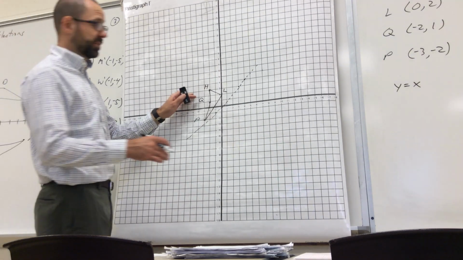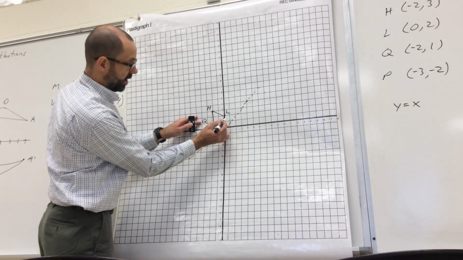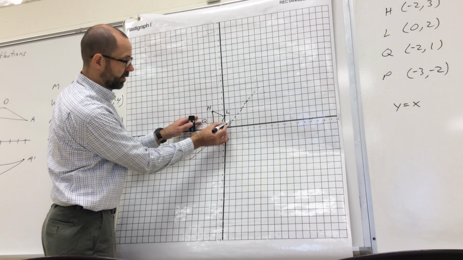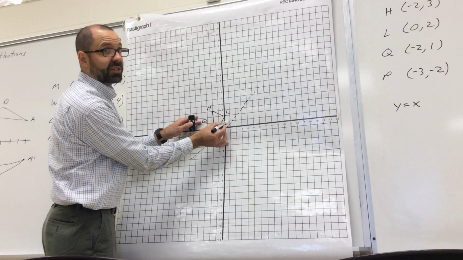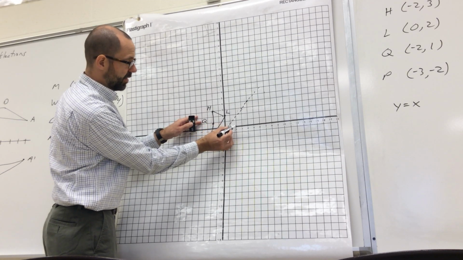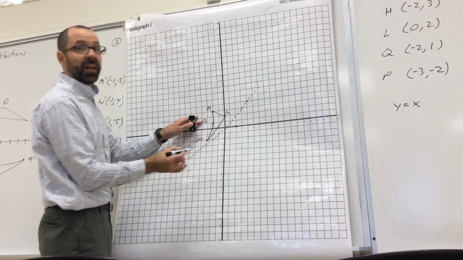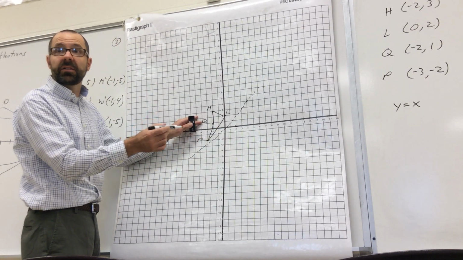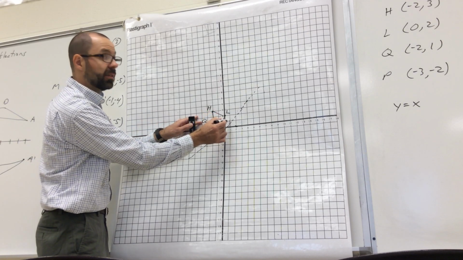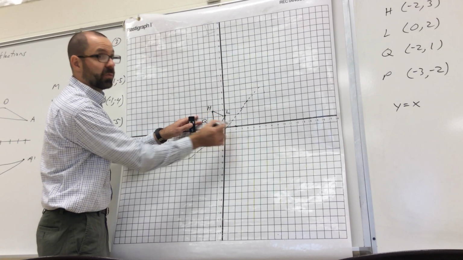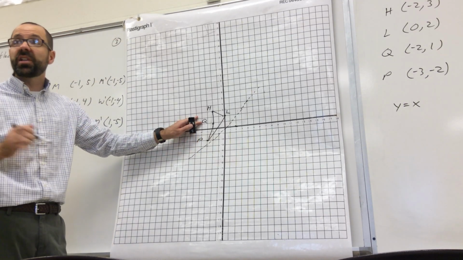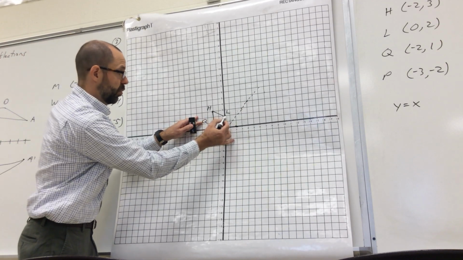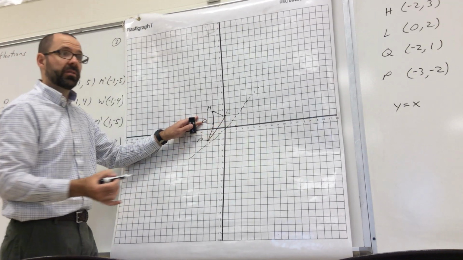Okay, so we have to count to see where we go. So here's L, and it's 1 away from the reflection line. So we need to go 1 away this way to get L prime. It's weird because I'm counting diagonally. So it's 1 here, so then I need to go 1 this way, because the reflection line's supposed to be in the middle, right? So since this is 1, this would be 1 as well.